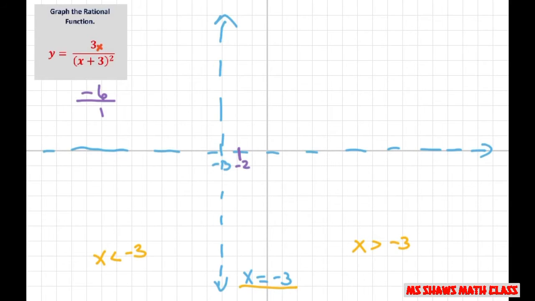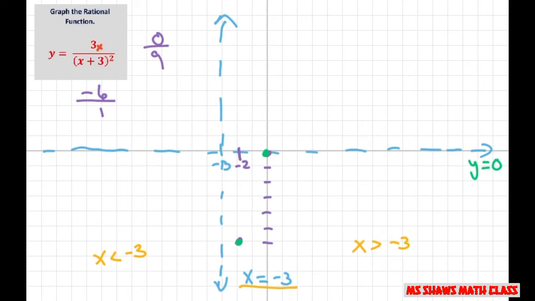So at -2, we're down at -6. Let's plug in 0. You're going to get 0 over 9, which is 0. Now, this might be the first time you know this: we cannot cross the vertical asymptote, but we can cross the horizontal asymptote.